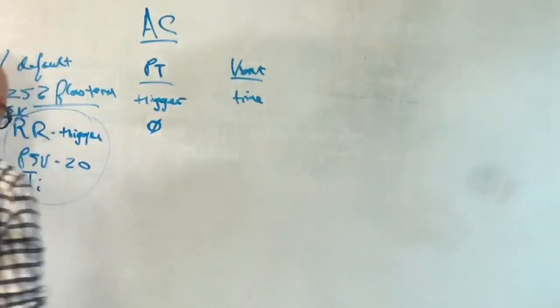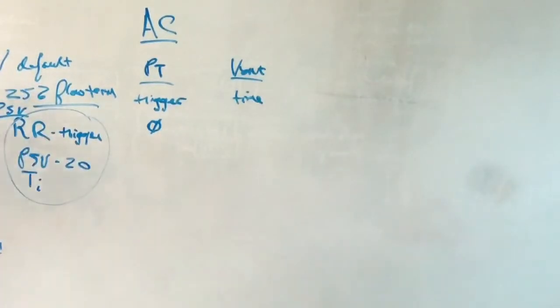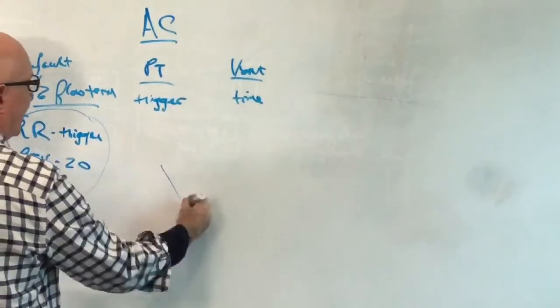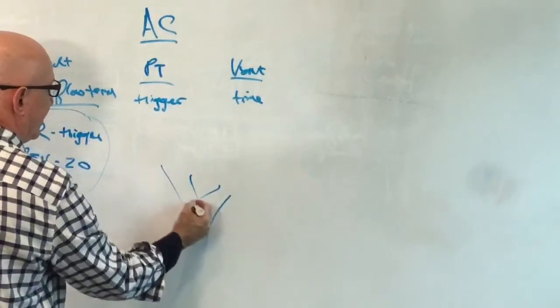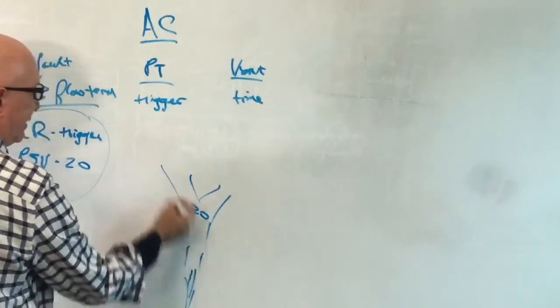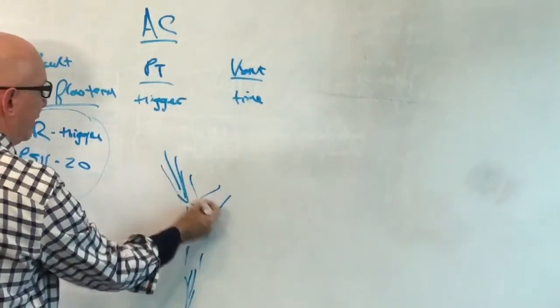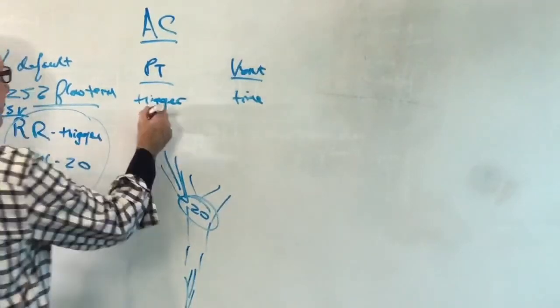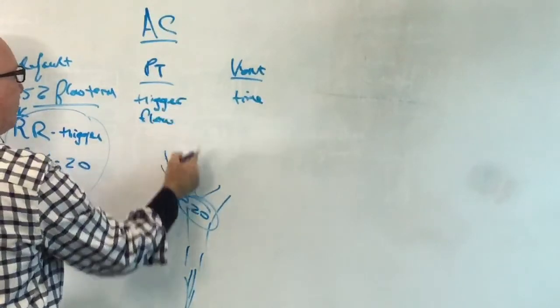So if they increase their inspiratory effort, just like in PSV, the machine's goal is to maintain the pressure that you set in the circuit. So if you set it to be 20 and the patient becomes extremely aggressive at this end, the machine just puts more flow in here to make sure that it stays at 20 during the inspiratory phase. So there is some flexibility with flow.